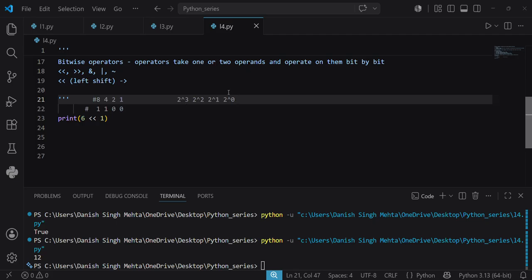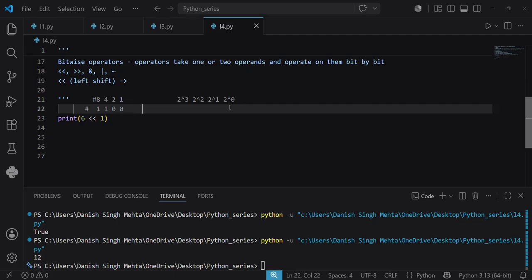So 2 to the power 0 is 1, 2 to the power 1 is 2, 2 to the power 2 is 4, 2 to the power 3 is 8. Before that we have 1, 1 and 0. This is the binary form of 6. 4 plus 2 is 6.